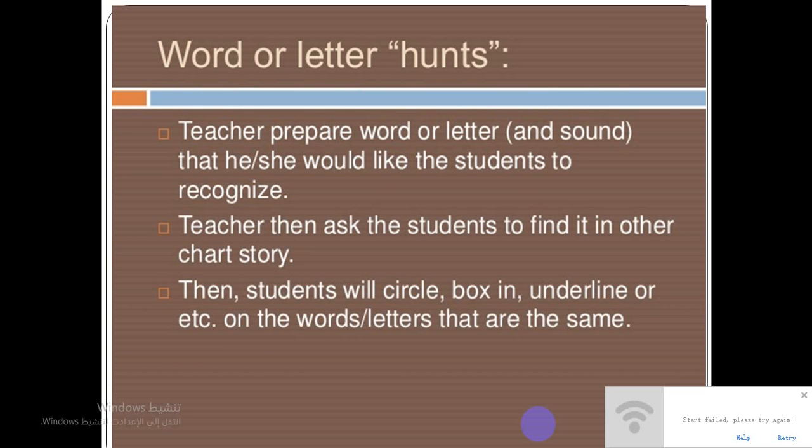The teacher then asks the students to find it in other chart stories. Then students will circle, box, or underline the words and letters that are the same.